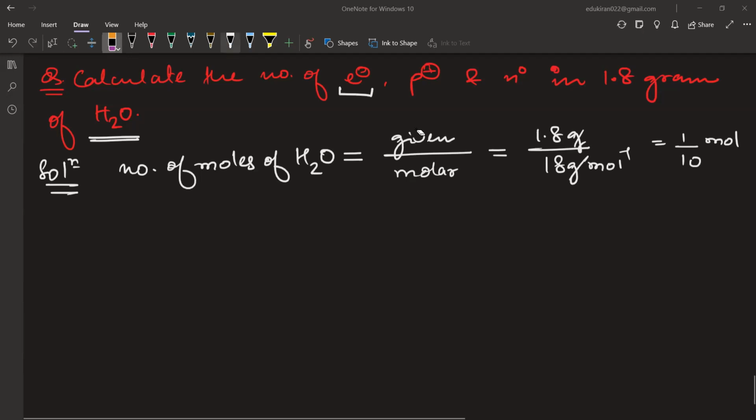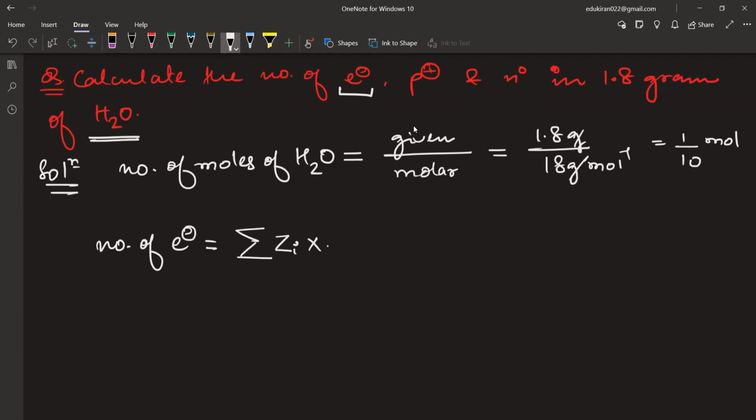H2O is completely neutral. Now, we will calculate the number of electrons. It is a neutral molecule, so the number of electrons will be the summation of Zi into the number of molecules. The number of molecules is 1 upon 10.